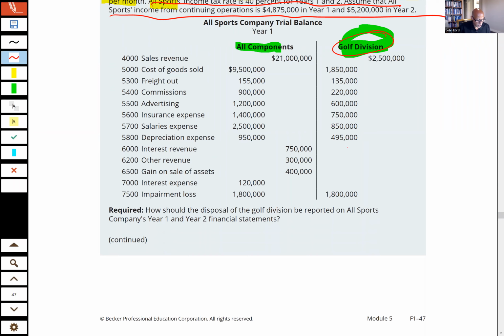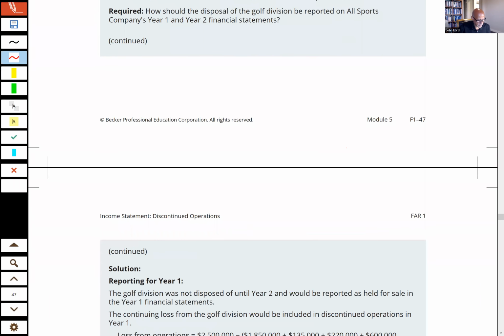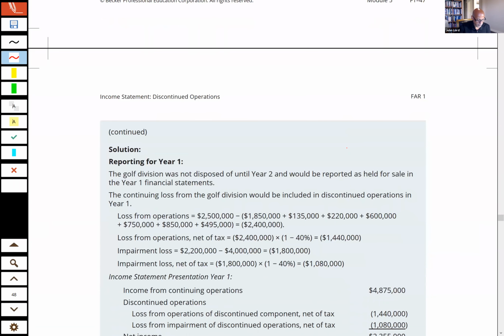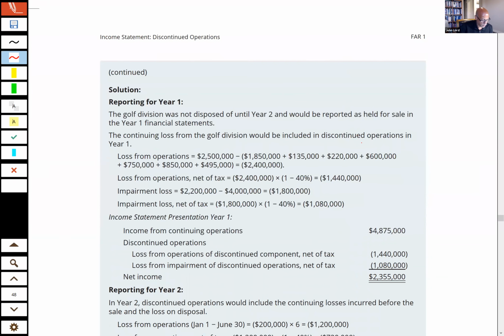Let's take a look down here, and I want to figure out what I'm supposed to report in the discontinued operations. I know they gave me the information for the continuing operations, but we're focusing on discontinued operations.